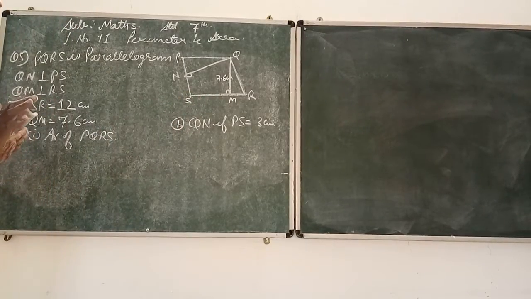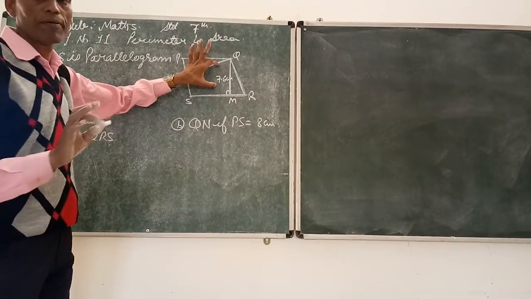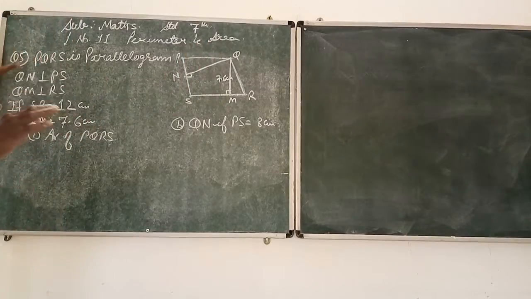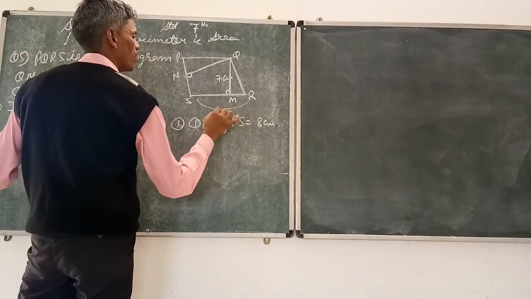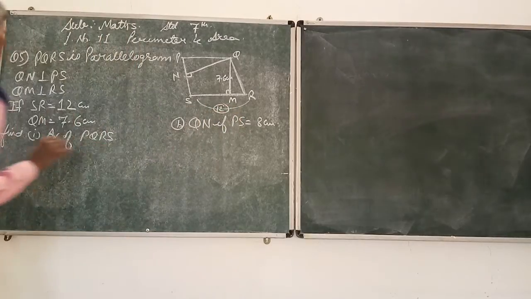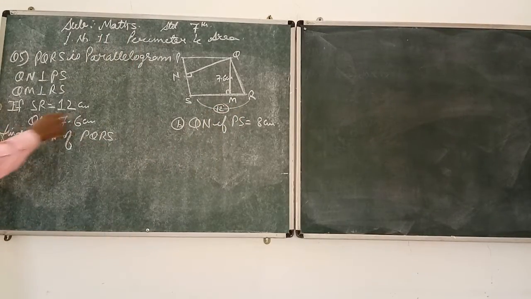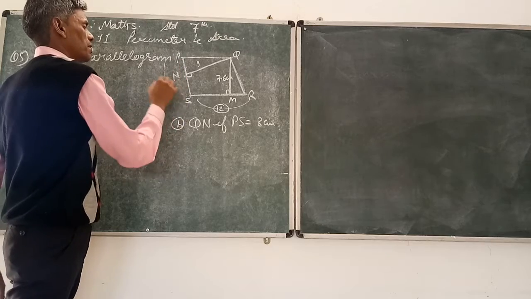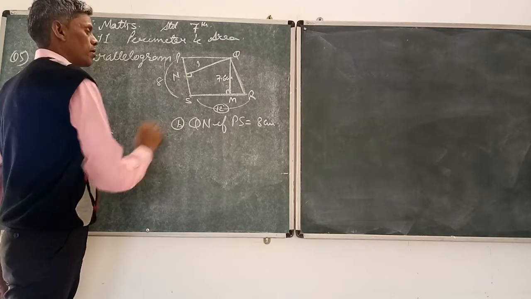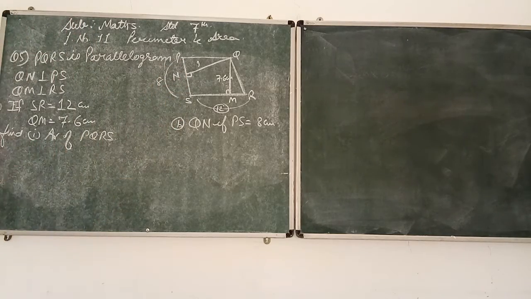QM is 7.6 and SR is 12. You are asked to find two things: area of PQRS and QN, if PS is 8. Let us see this first.